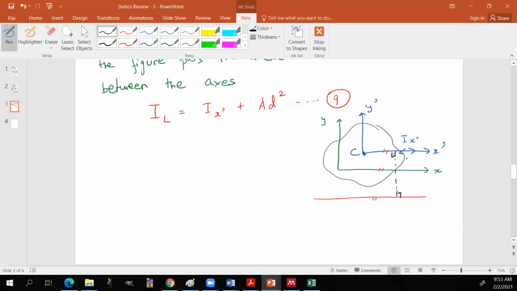Like that, and let's say that that distance is d, right? So basically, the moment of inertia about this axis, which would be your Ix, is equal to the moment of inertia about the parallel axis that passes through the centroid, plus the area times this perpendicular distance squared. All right?